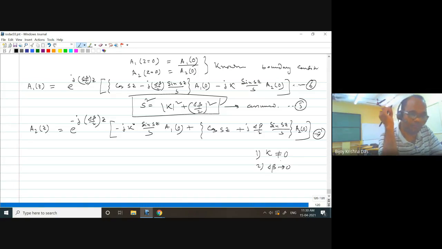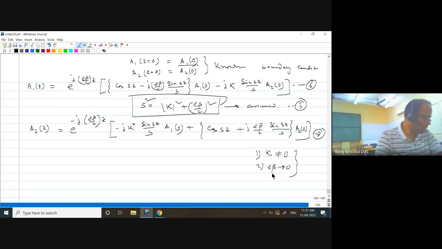If these two conditions are fulfilled, then only can power exchange take place between two modes. There can be hundreds of modes, but only between those modes where this condition is fulfilled can power exchange take place through these equations.